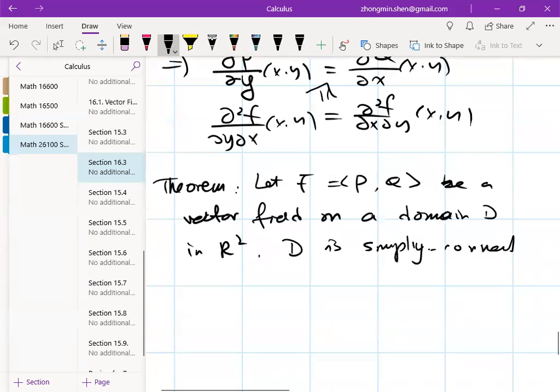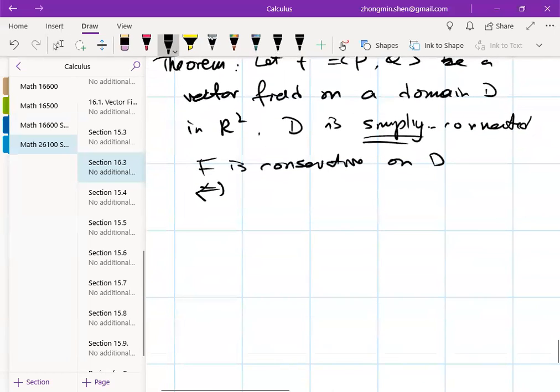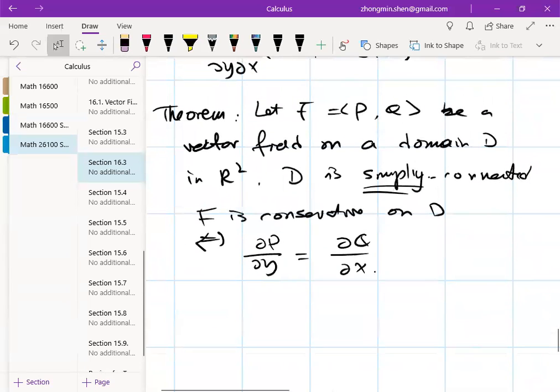Not only just connected, simply connected. This is a topological terminology. Then F is conservative on D if and only if the partial derivative of P with respect to y equals the partial derivative of Q with respect to x. Of course, the vector field, we always assume differentiable, but we don't want to talk about this.